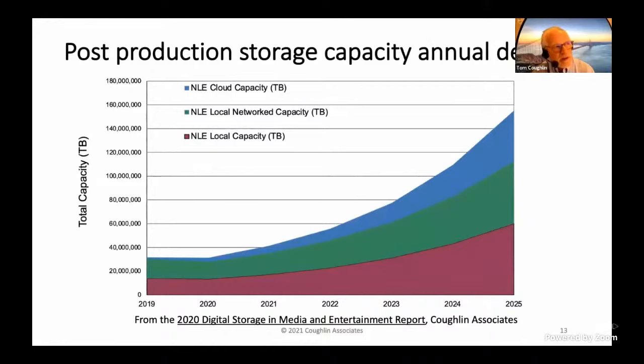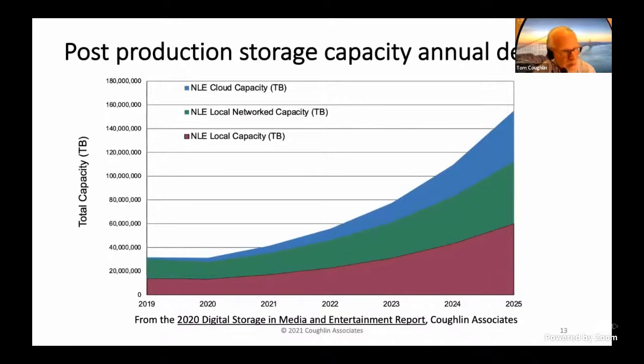We see here a look at post-production storage capacity annual demand, the storage capacity needed to carry on post-production activities, both in the cloud, local network storage capacity, and local, mostly direct attached nonlinear editing storage. We can see the impact of virtually shutting down much production work in 2020.